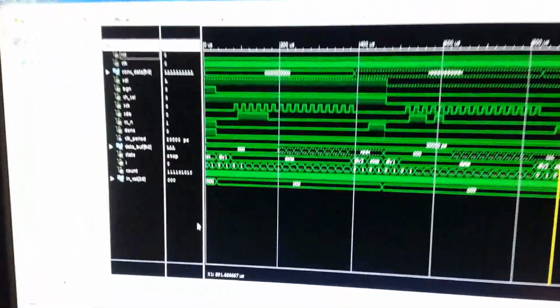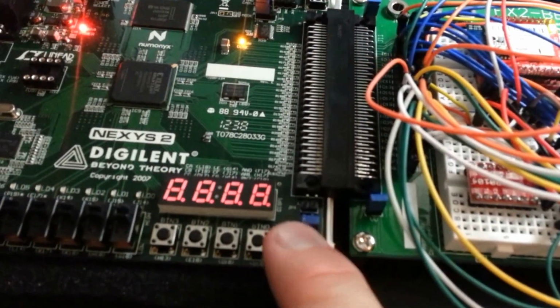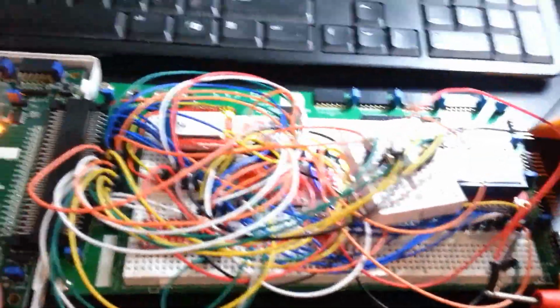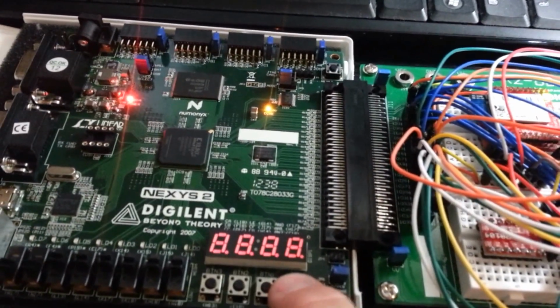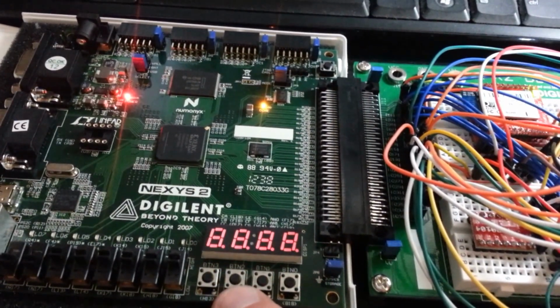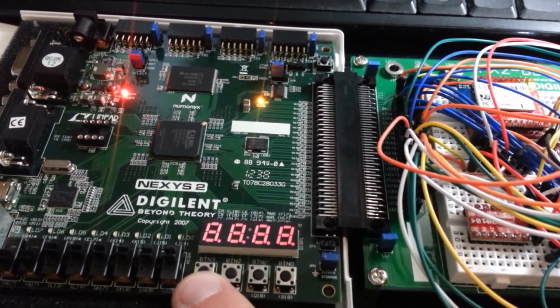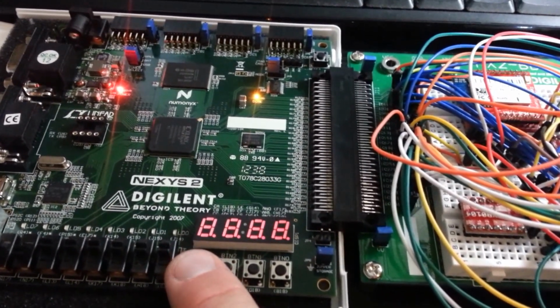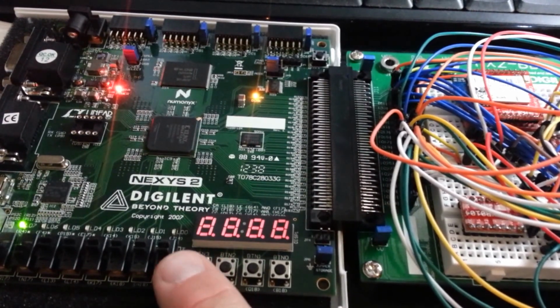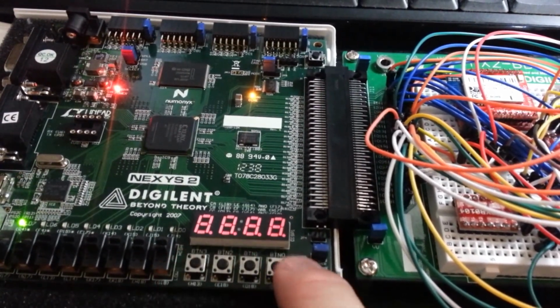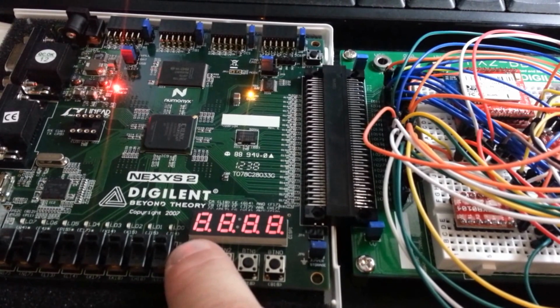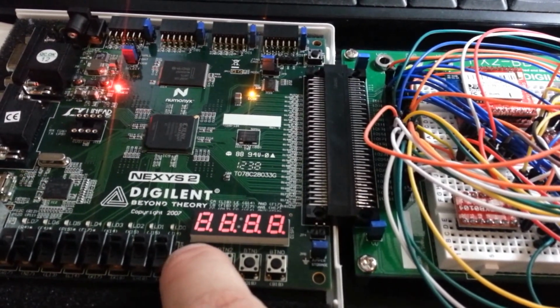So let's give it a try. So we have a reset. I'll go ahead and we'll reset the communications. And then right here I'm selecting through channel 0 or channel 1. And this one right here is basically the command to start. I have the multimeter on channel 0. So let's go ahead and run channel 0 and see what happens.